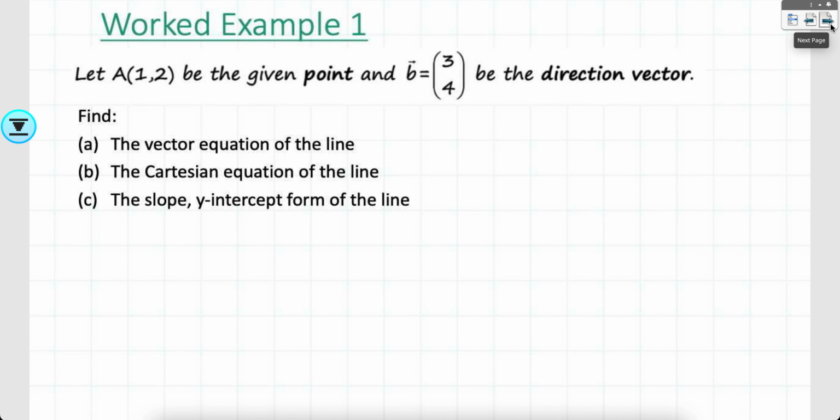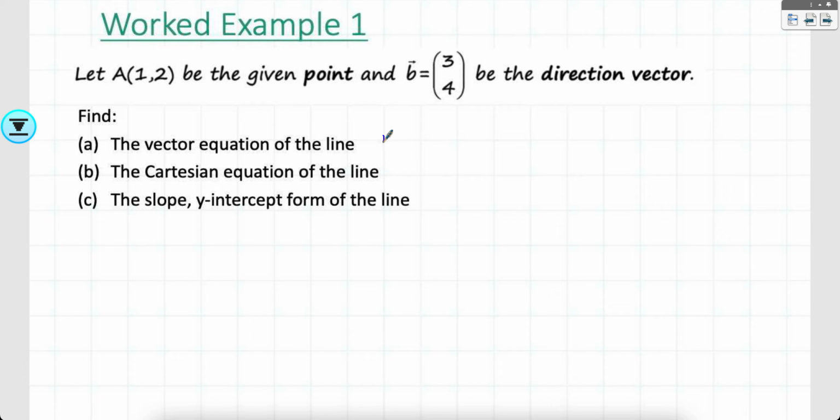So let's do one quick worked example just to make sure that the concept is solid here. I have a point A, the given point, and B is the direction vector. So I want my line to be parallel to this. If I want the vector equation of the line, you can write it in different formats.